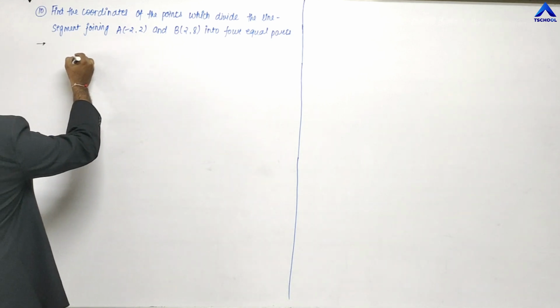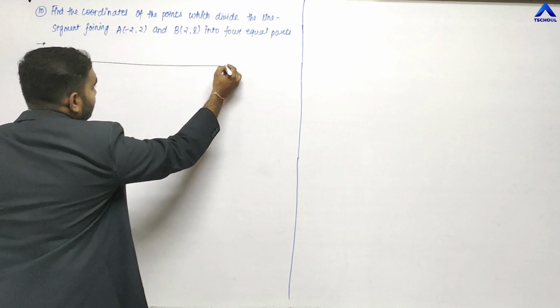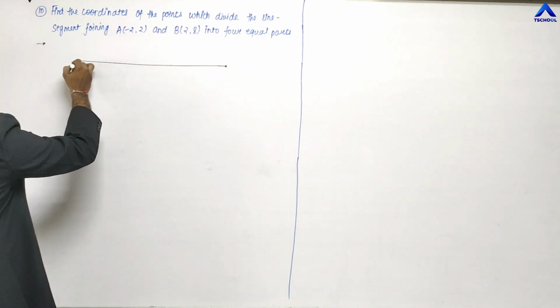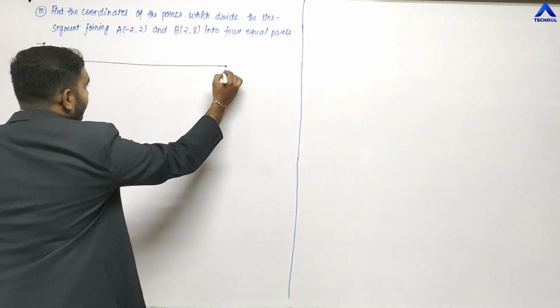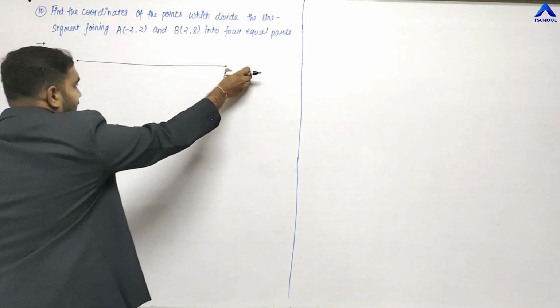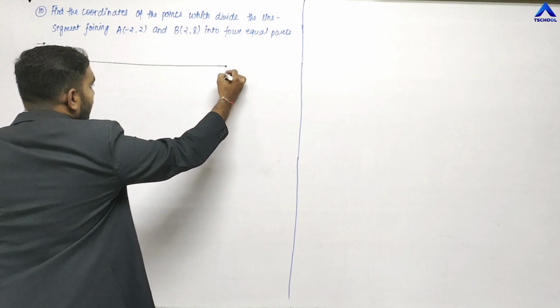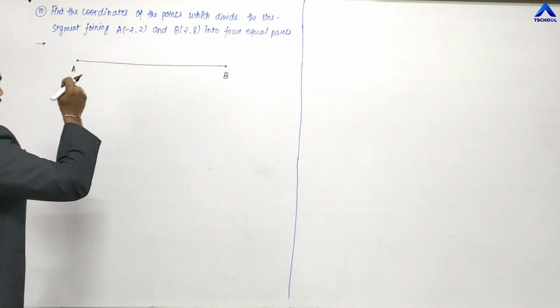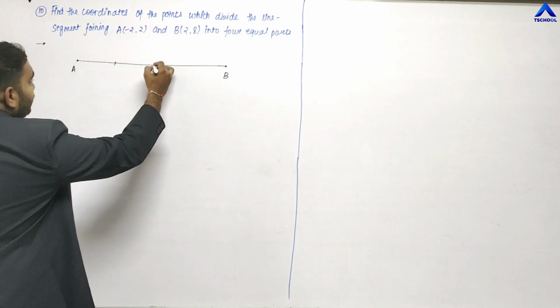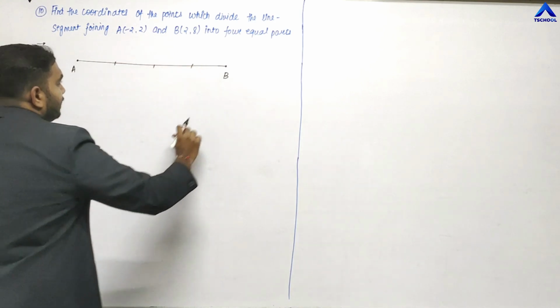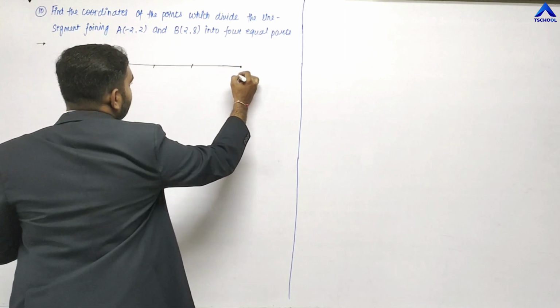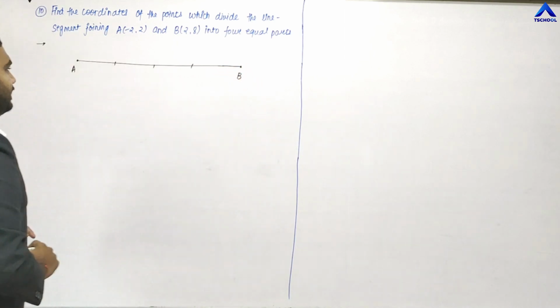So let me first draw a line segment here, that is AB, A and B. Now we need to divide this into how many parts? 4 parts. So how many points will we have? 1 less than the number of parts, so that will be 3 points. 1, 2 and 3. Let me extend this somewhat here so you can clearly see.